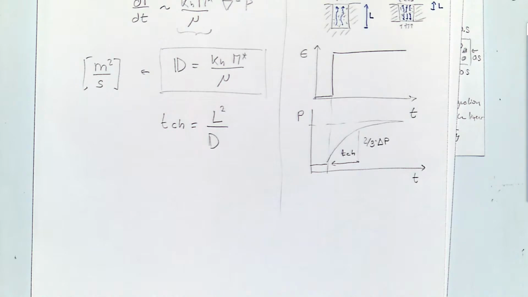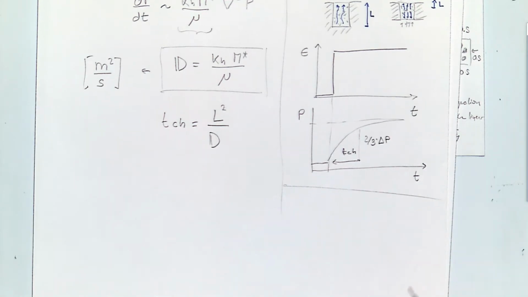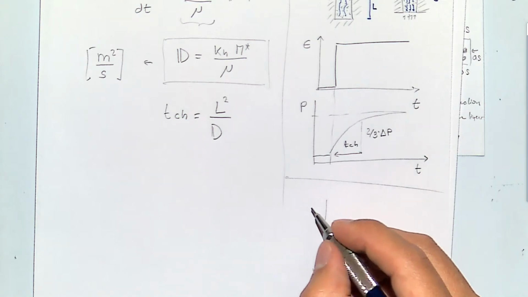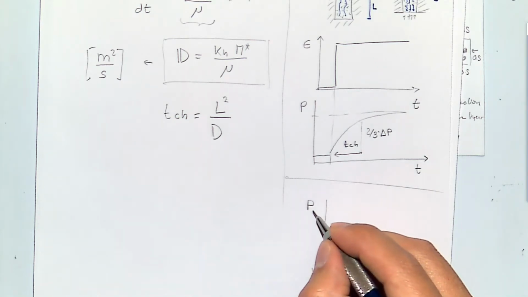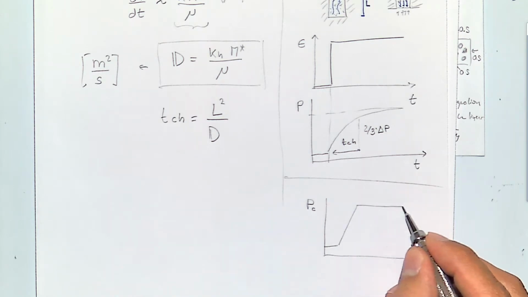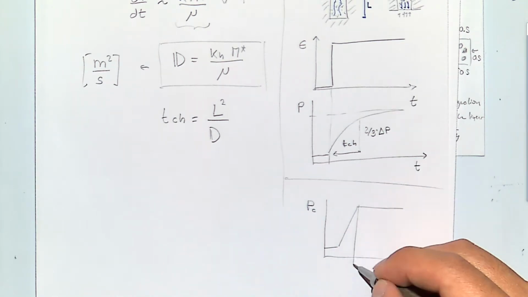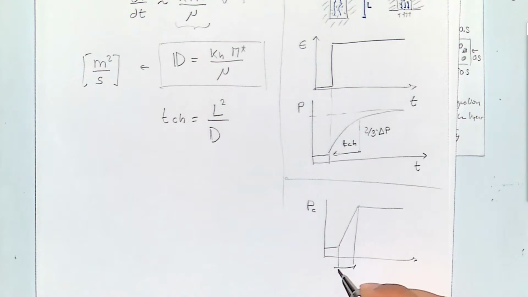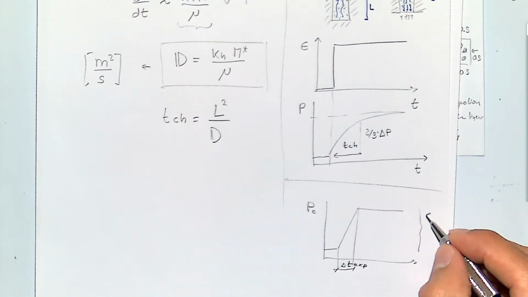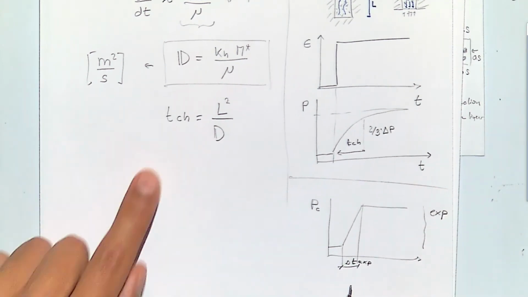So, for example, this is a different thing. If the mean stress or the confining pressure was increased at a given rate in this amount of time, this is the time I want you to compare, the experimental time, with the characteristic time.